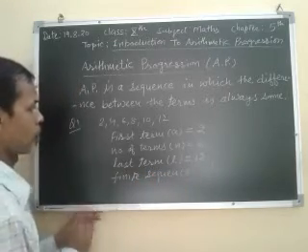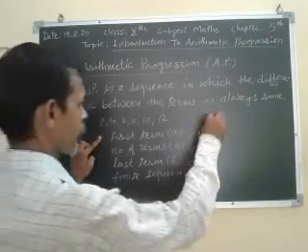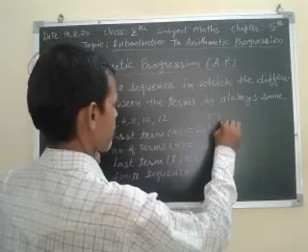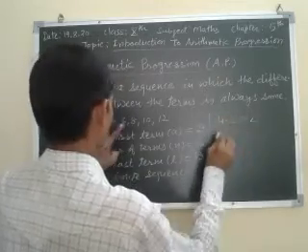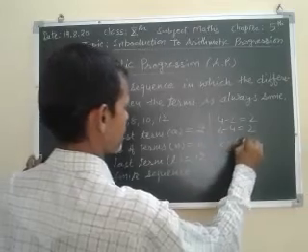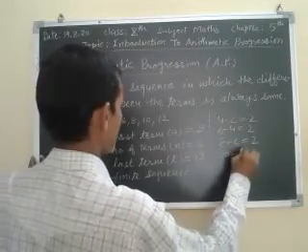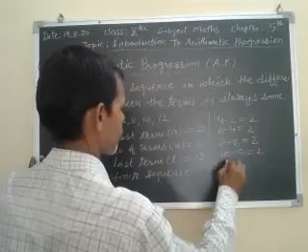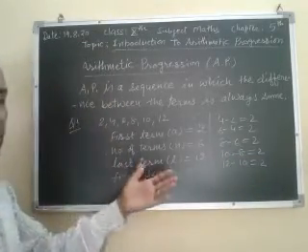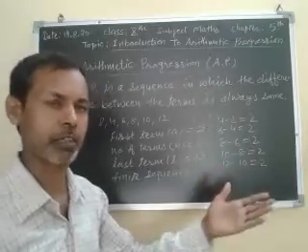Now the difference between the terms. 4 minus 2 is 2. 6 minus 4, 2. 8 minus 6, 2. 10 minus 8, 2. 12 minus 10, 2. So how can we find the difference between the terms?